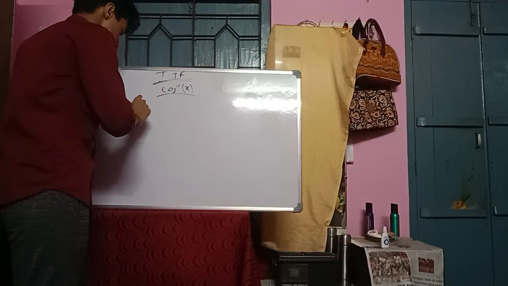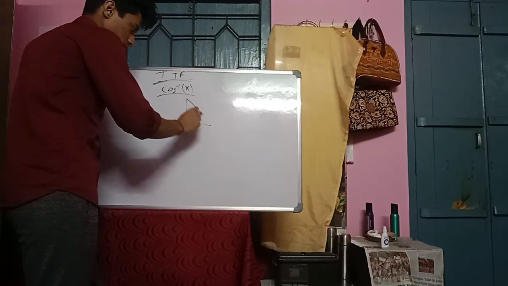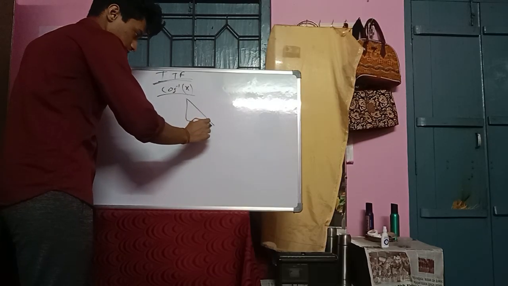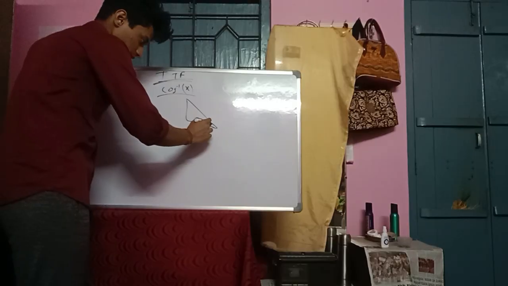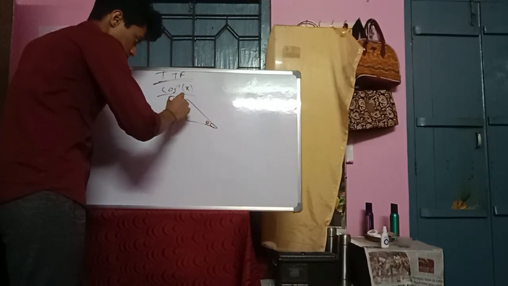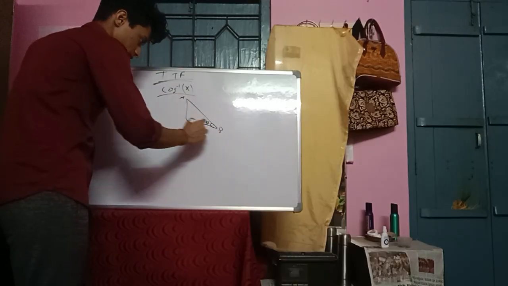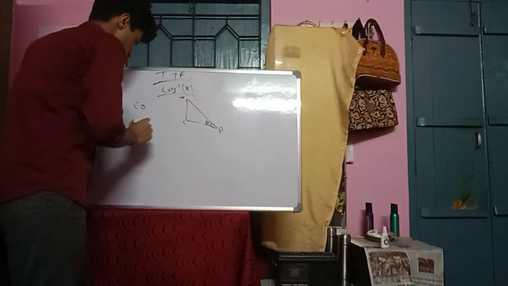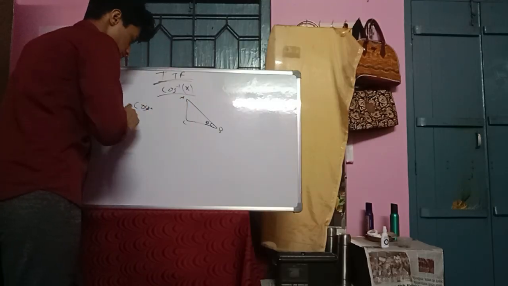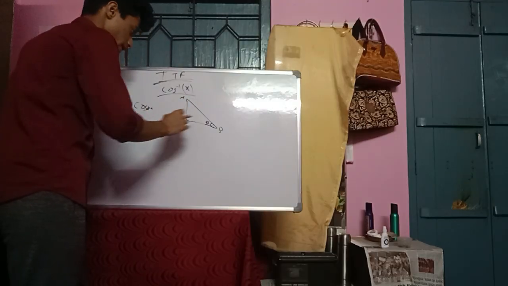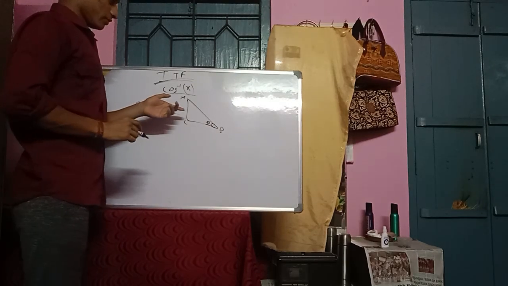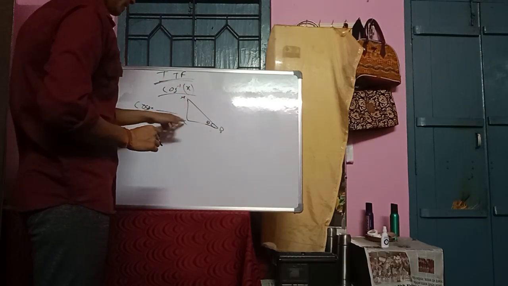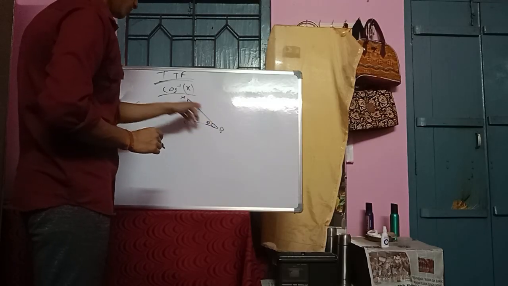Let's say we have a right angle triangle here, with one of its angles being theta, and the corners are A, B, and C. So cos of theta, the cosine function of theta, which is an angle, would give us the output of the height over the hypotenuse of the triangle with respect to this angle.